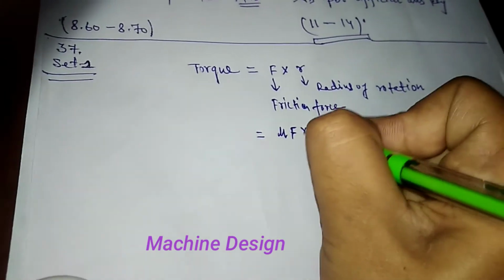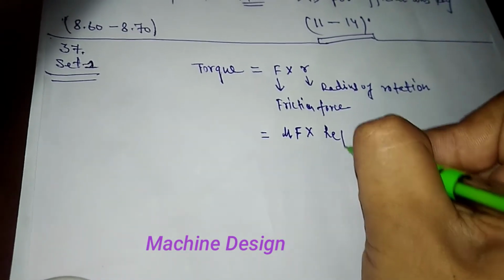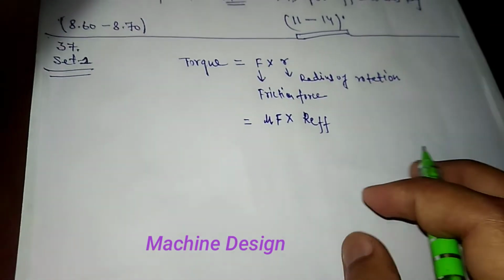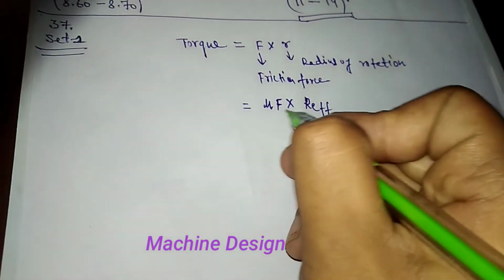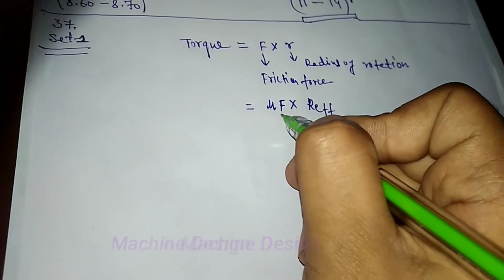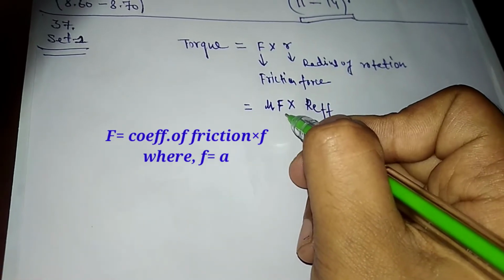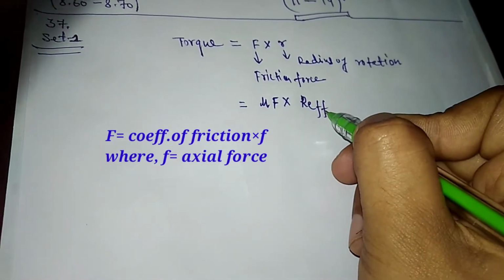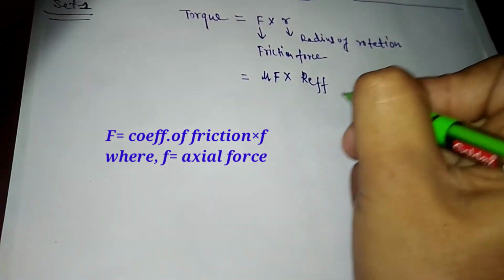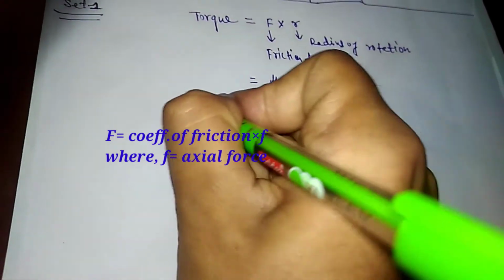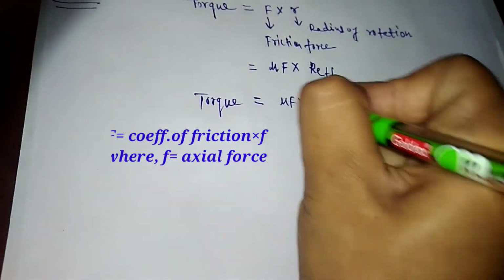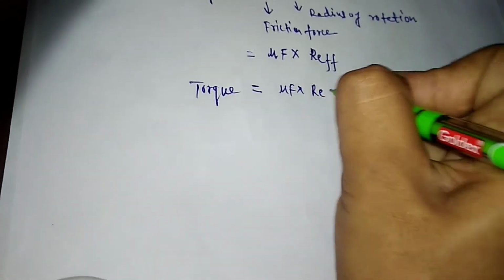And R effective is the effective radius in case of clutch. So friction force can be written as mu into F, where mu is the coefficient of friction and F is force, and this is the effective radius. So this is the torque, mu F into R effective.